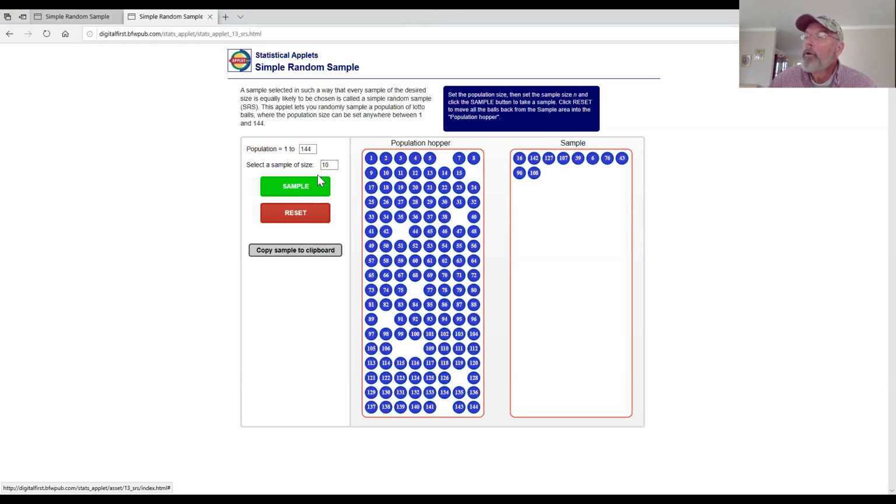All right. You could copy this sample and put it into a clipboard. You might want to put it into Excel. You could reset, and you could change the sample size. And again, sample. And you would get, instead of 10, you would get 20 values in the sample. All right.